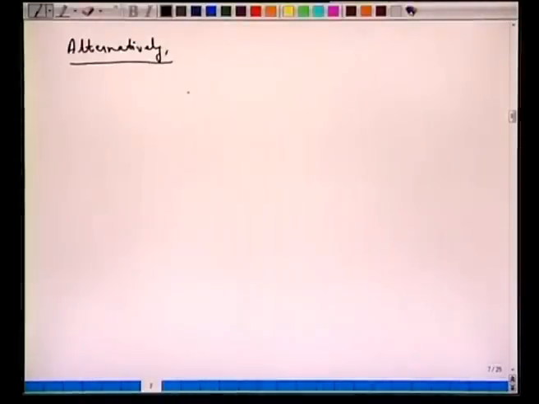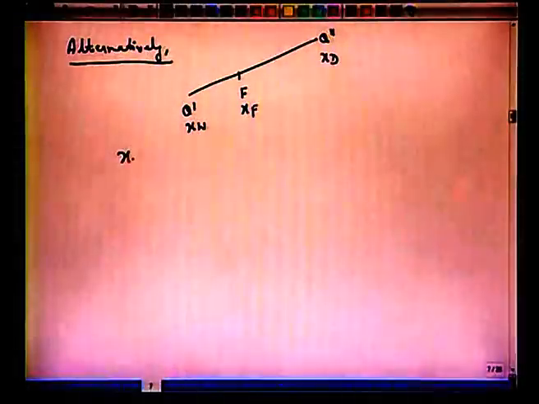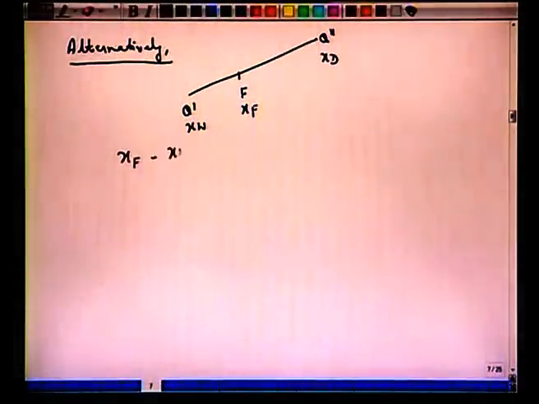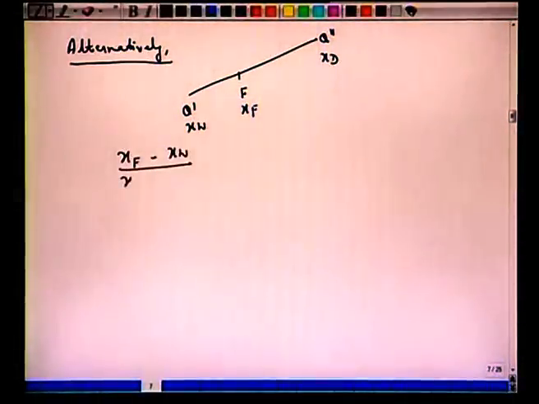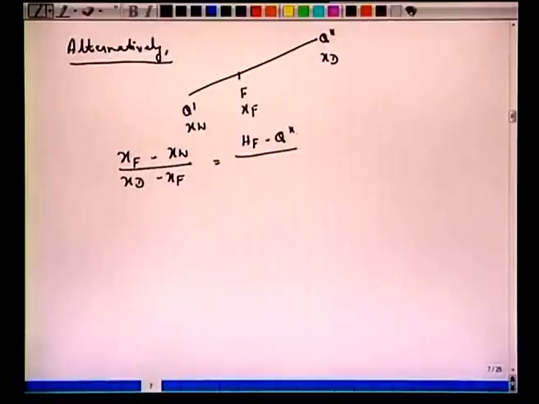All right. We also say that alternatively, again, make a note of these points, Q', we have Q, we have F, we have xD, we have xF, we have xW. We can apply this tie rule to write (xF minus xW) over (xD minus xF) will equal (hF minus Q'') over (Q' minus hF).